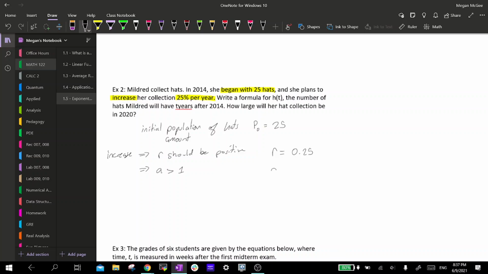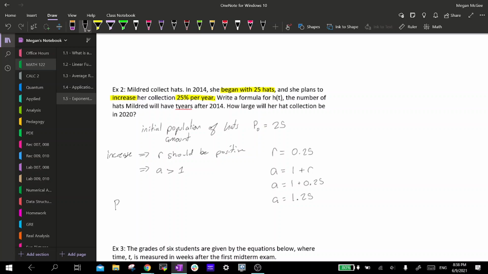Now we need to find A, where we know A is 1 plus R. We found R to be 0.25, so A is 1 plus 0.25, so A is 1.25. That checks out. A is greater than 1, which we were expecting.